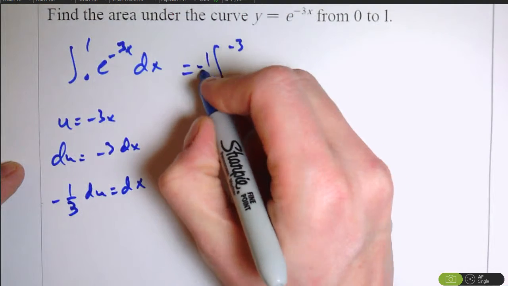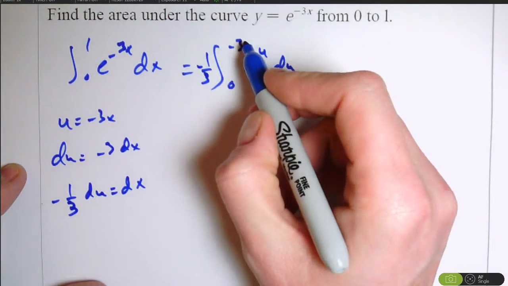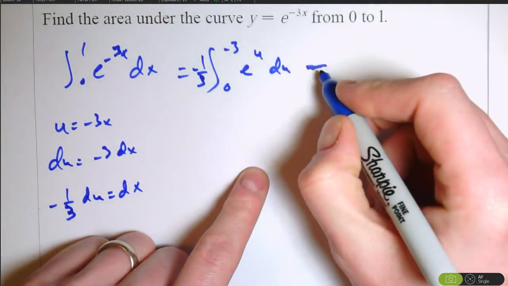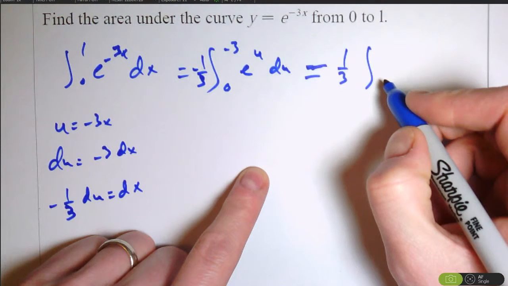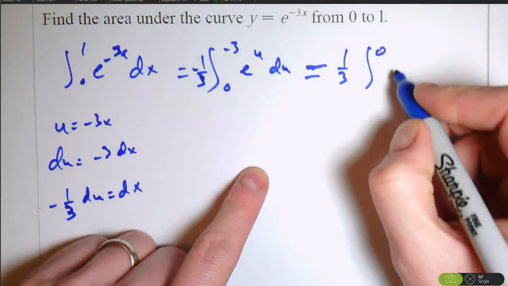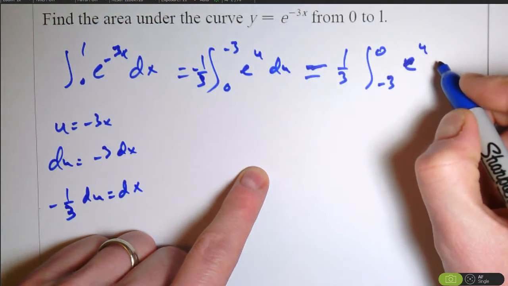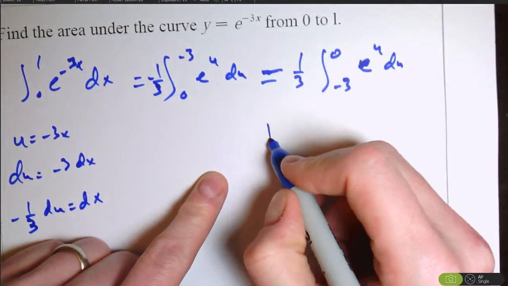So I'm going to have a negative 1/3 out front, e to the u du. If that bugs you, this is less than this number, and we could just switch it and make this positive 1/3. And now when I integrate this, e to the u is simply e to the u.